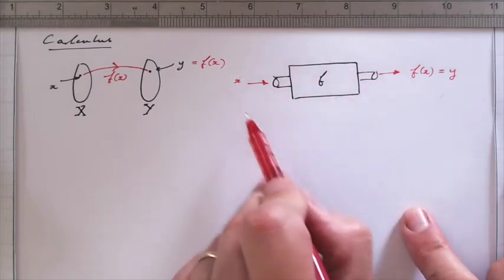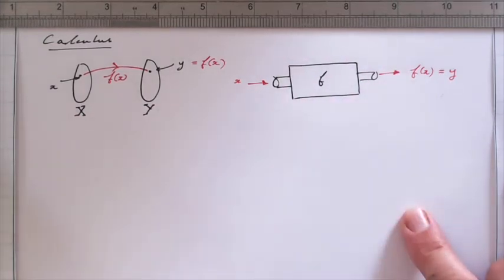Now, certainly this idea of a function is a very, very useful idea in thinking about the world around us. You could, for example, think about how oxygen concentration decreases as we increase in altitude.